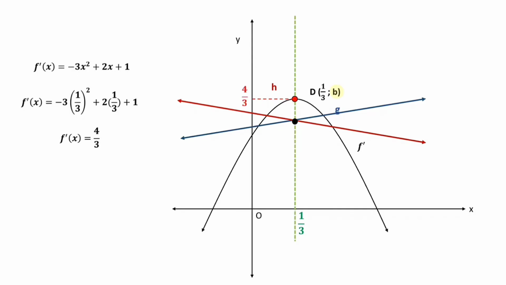That's 4/3. That is the y value of the turning point. So if we can just make that b value anything lower than 4/3, then it's going to make these tangents not tangents anymore, but rather secants. So b just needs to be less than 4/3. Okay, and that's how we solve that problem.